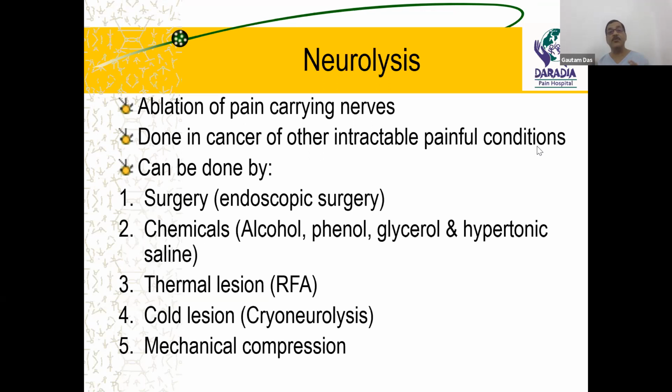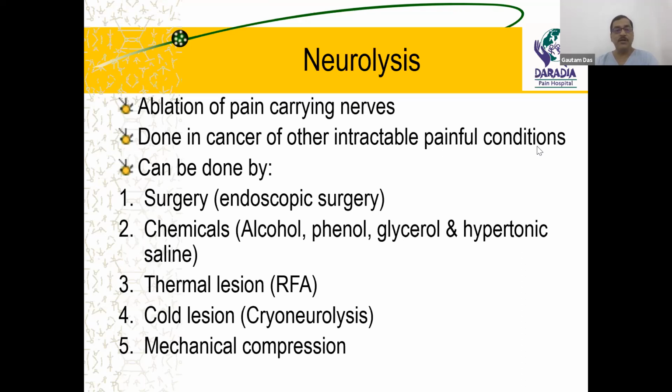So if you ask what the indications are for neurolysis or ablation of the nerve, there are two important ones. One is pain relief, and second is relief of spasticity by creating a lower motor neuron lesion.